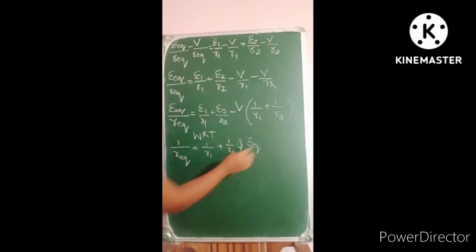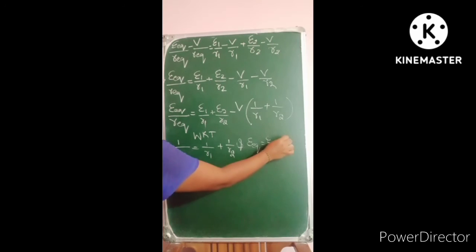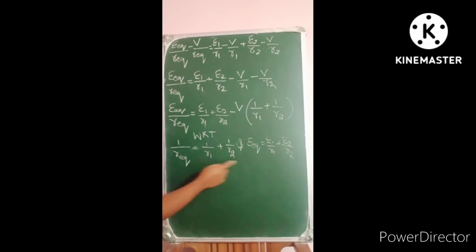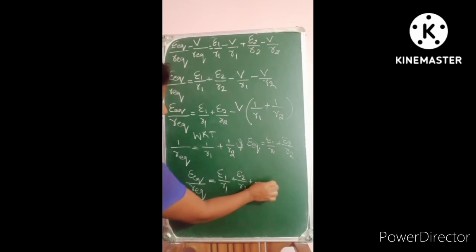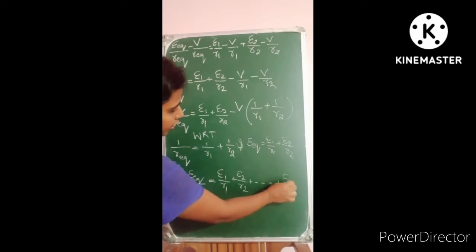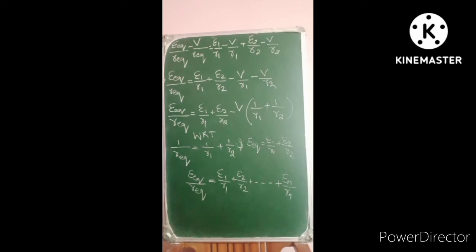E equivalent by R equivalent is equal to E1 by R1 plus E2 divided by R2. Substituting here, we get E equivalent divided by R equivalent equals E1 by R1 plus E2 by R2, and so on up to plus En divided by Rn for n number of cells.